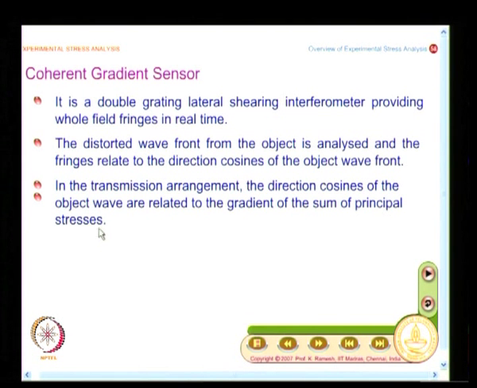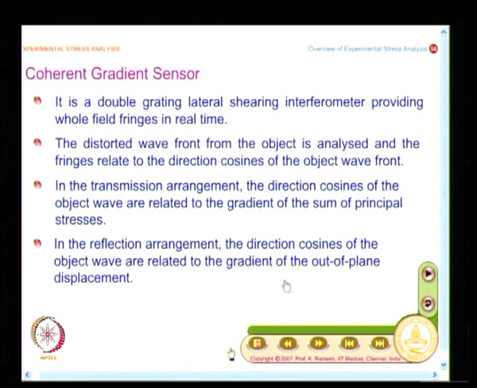Here you are able to get those direction cosines related to the gradient of the sum of principal stresses. This is what happens in a transmission arrangement, and when I go to a reflection arrangement, I relate this to the gradient of the out of plane displacement.